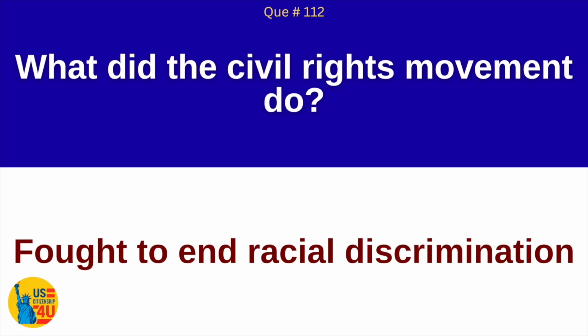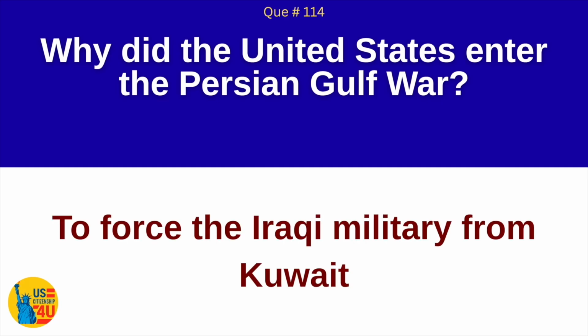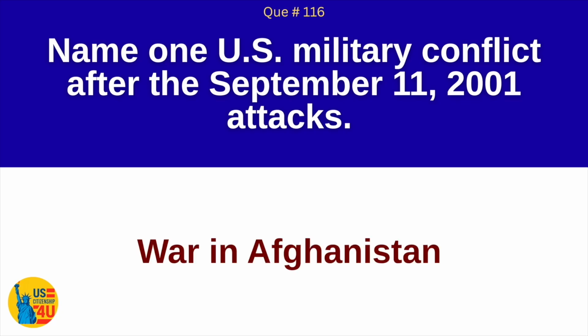Fought to end racial discrimination. Why did the United States enter the Persian Gulf War? To force the Iraqi military from Kuwait. Name one U.S. military conflict after the September 11, 2001 attacks. War in Afghanistan.